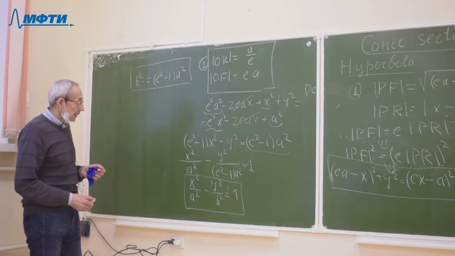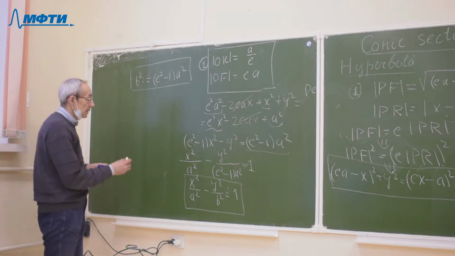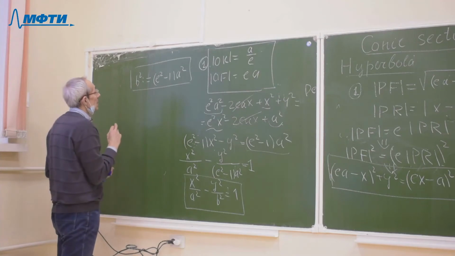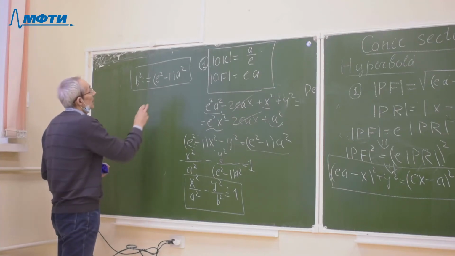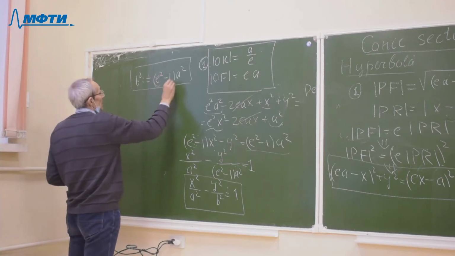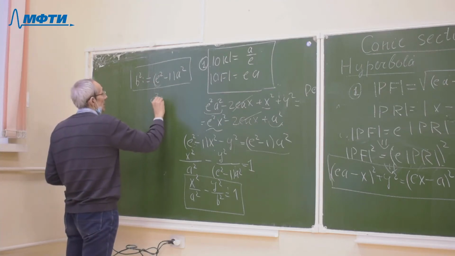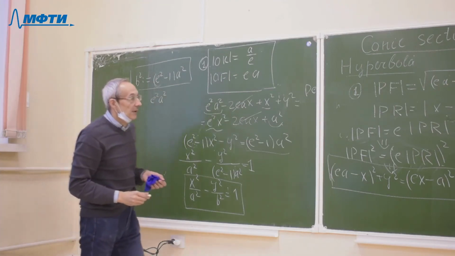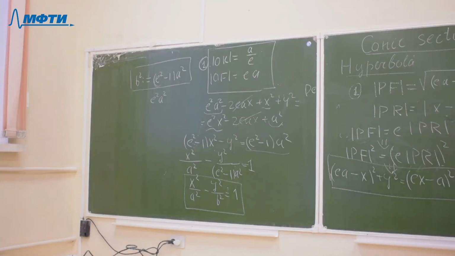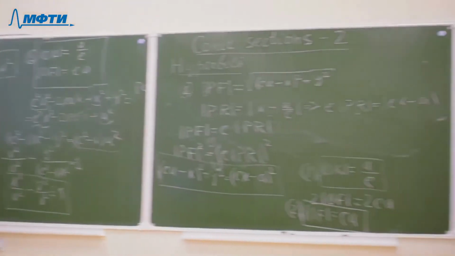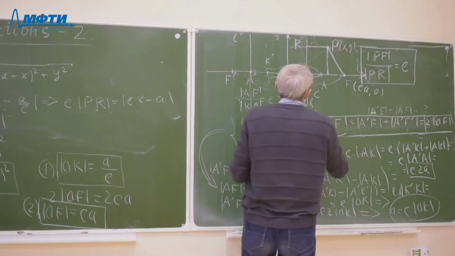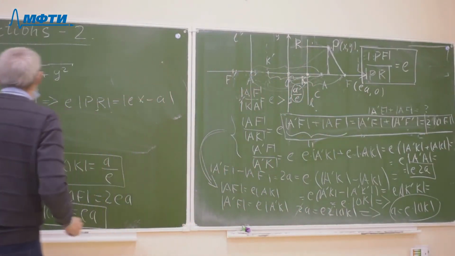And in our case, this expression e square a square is exactly the distance between O and F. Let's denote this distance by small c.